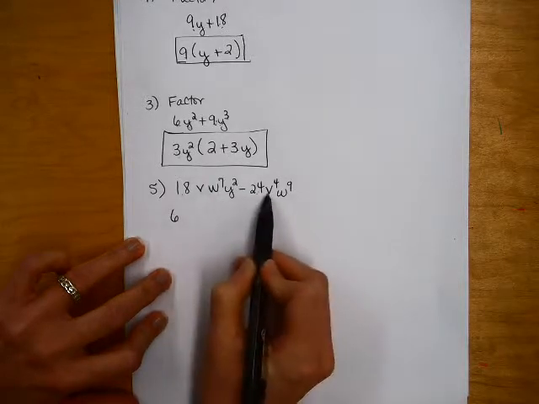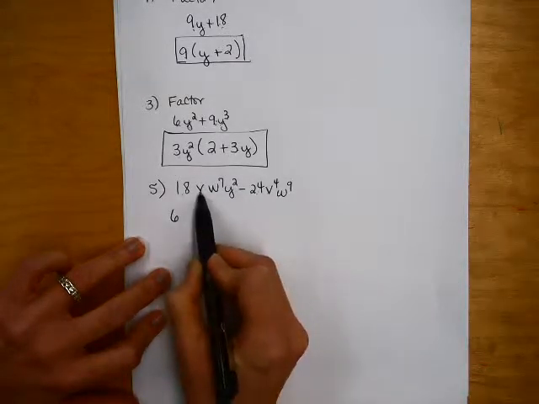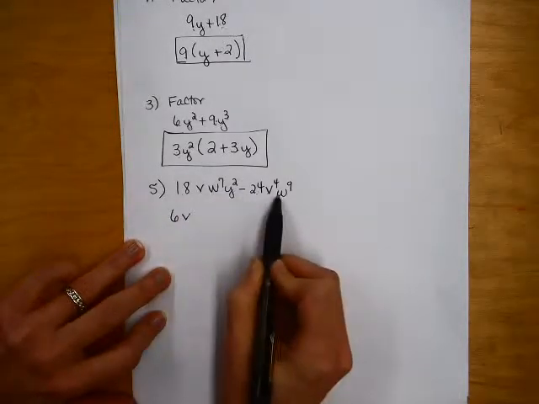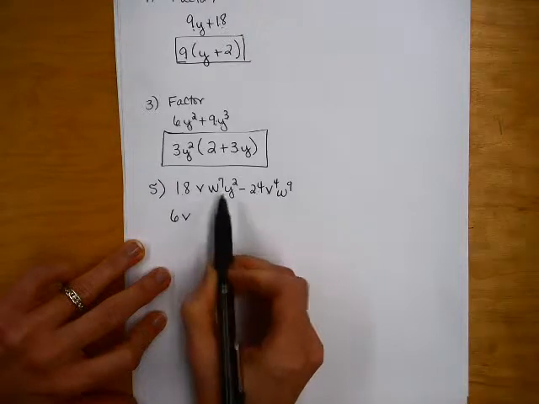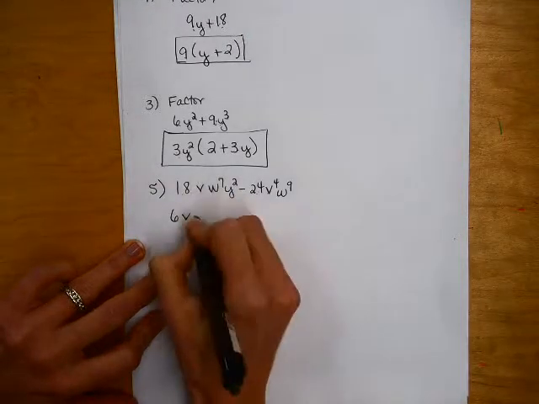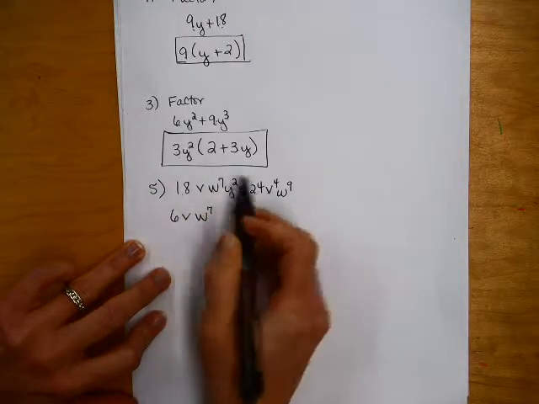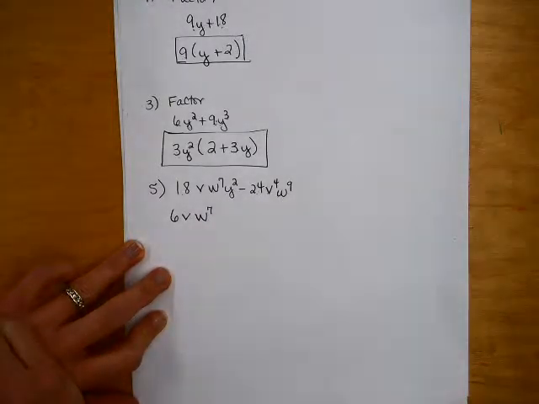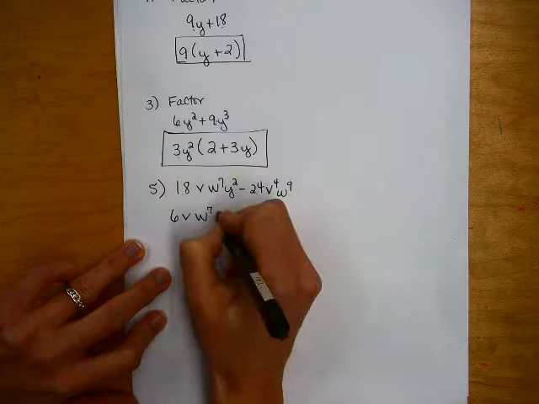Now, both of these terms have v, and so again, I go with the lowest power of v, which would be this v to the first, or just v. Both terms have w, and so again, I go with the lowest power of w, which is w to the 7th. But both terms do not have y, so I cannot factor out y as part of the GCF.